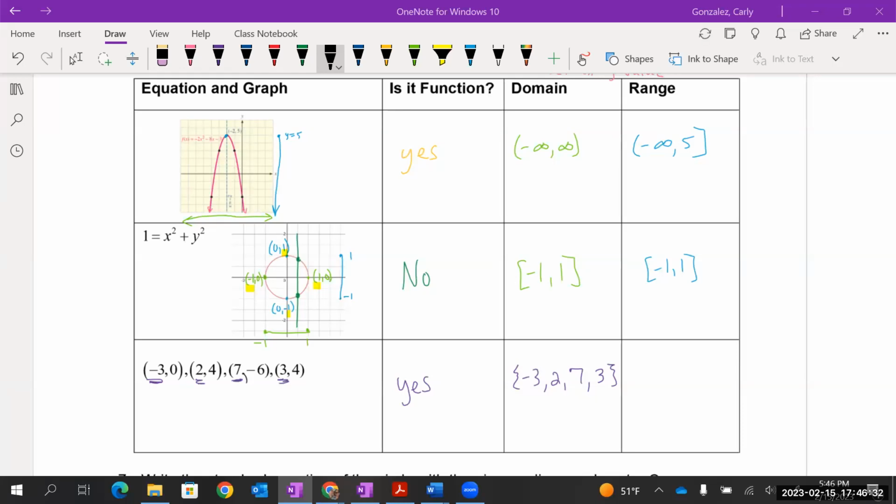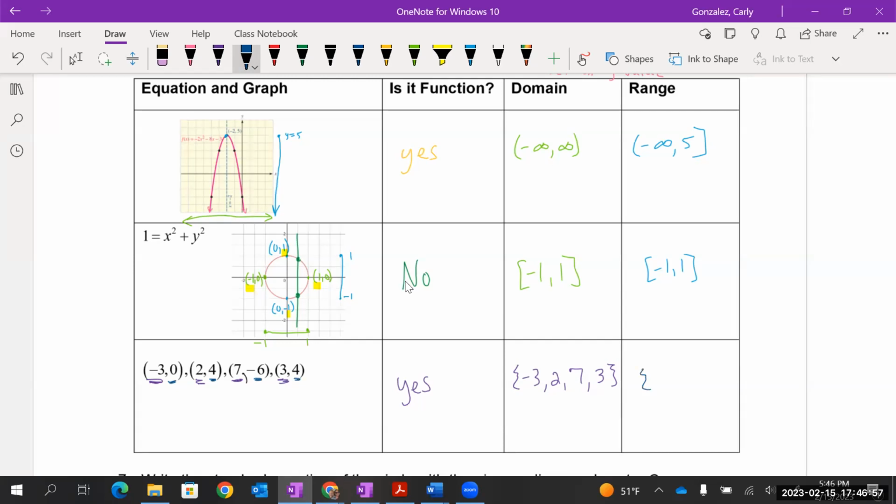Next, for the range, we'll go ahead and just choose those y values. So now we'll just pick those second coordinates and we'll get 0, 4, negative 6, and 4.